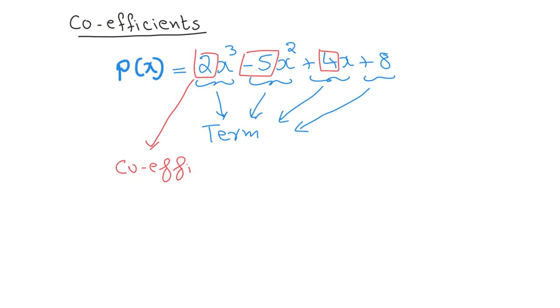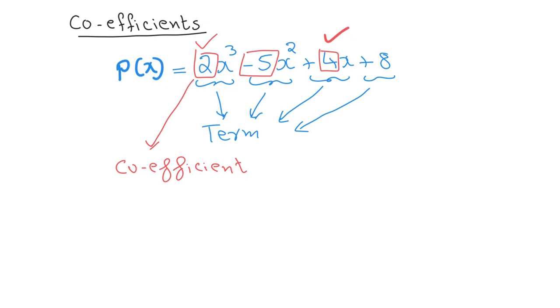So when I talk about coefficient, you know what I am talking about. For example, what is the coefficient of x cube in this polynomial? The coefficient of x cube is 2. Good. What is the coefficient of x? It's 4. What is the coefficient of x squared?